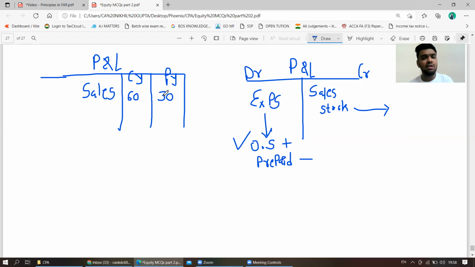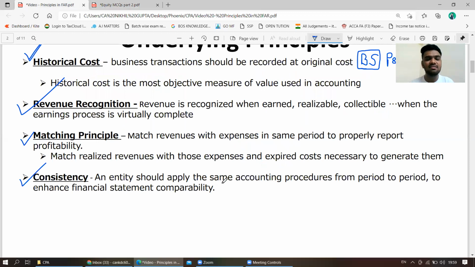Let's say in the year 2018 the organization followed FIFO, in 2019 they converted to LIFO for inventory valuation, and then again in 2020 they changed to weighted average. But guys, this is not showing any consistency. That is something got violated. The principle of consistency states that the same accounting principles must be followed from period to period, and it is the base of comparability.